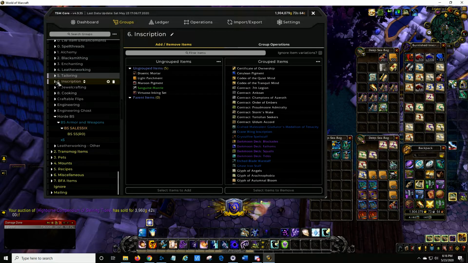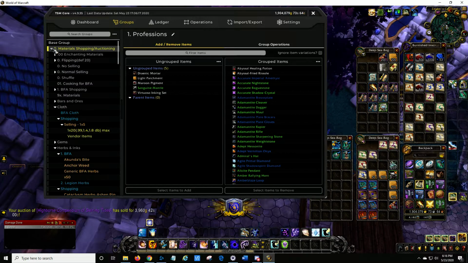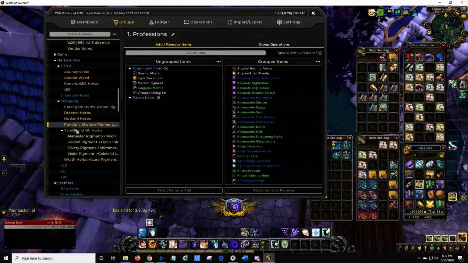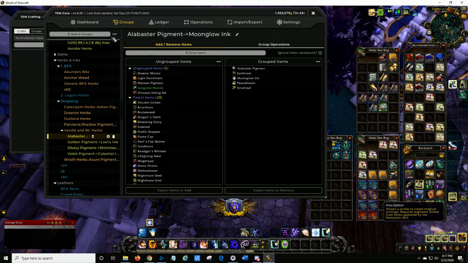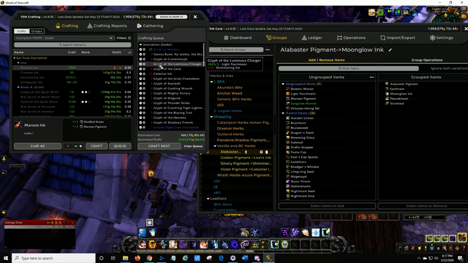The other thing that you'll probably want to set up is a shopping operation. My problem is, I need moonglow ink, but I can't think, when I'm looking in my crafting window, like here, I need shimmering ink.